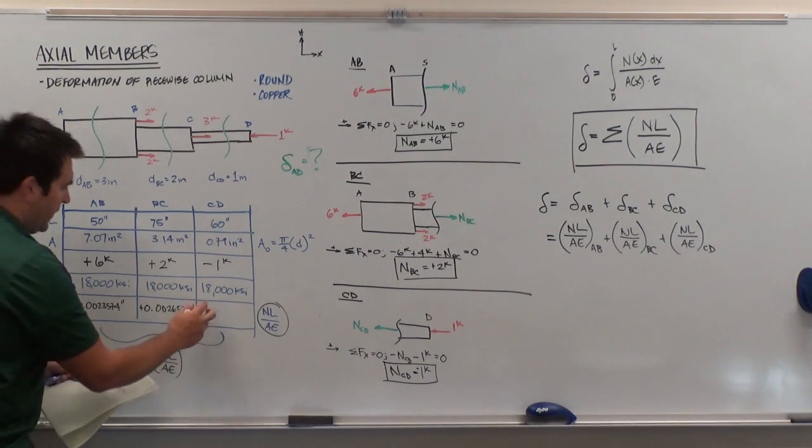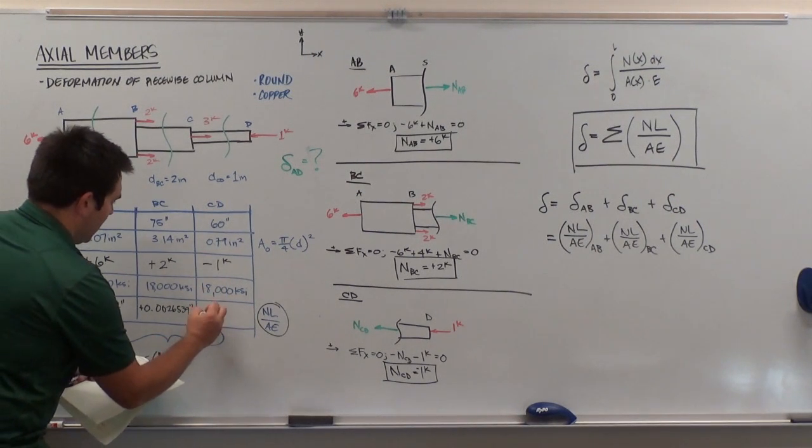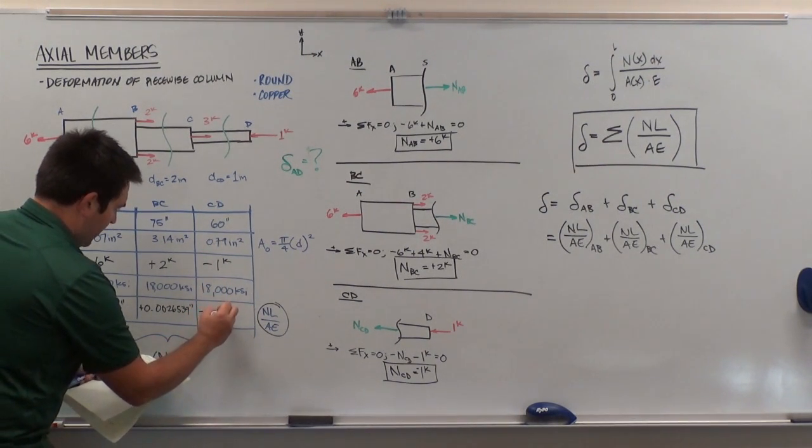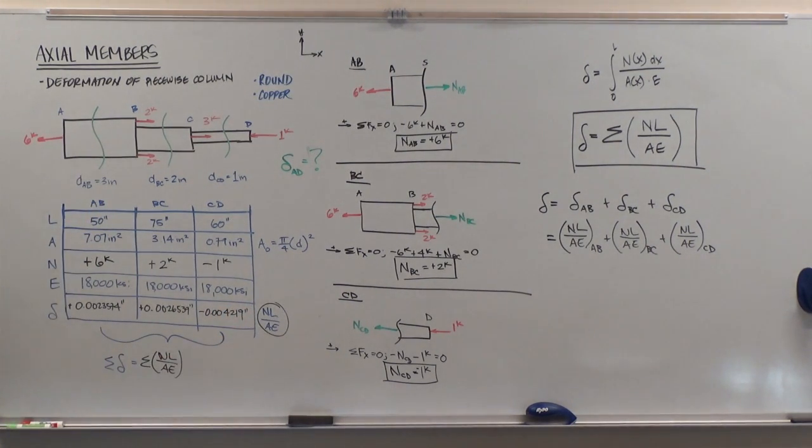And member CD is minus, negative or compression contraction, 0.004219 inches. So I added some additional significant figures in here because it ends up that the positives are actually pretty close to the negatives. And so to get enough significant digits for the final answer, I had to extend it out a little bit.